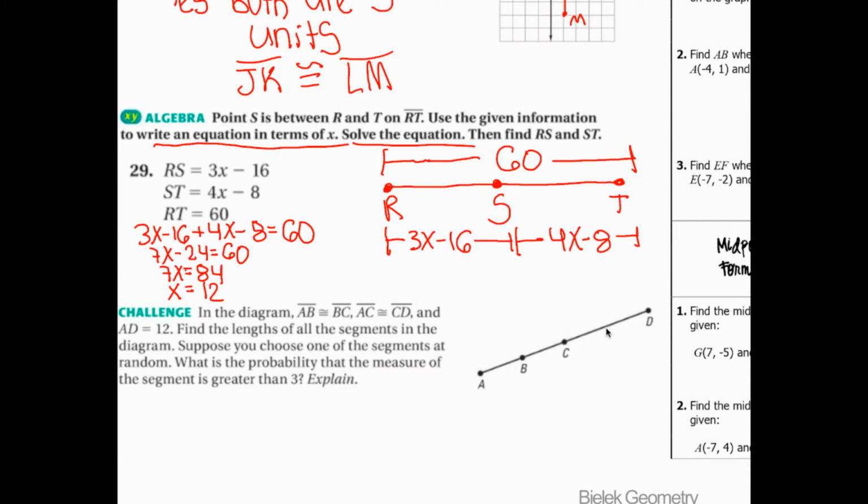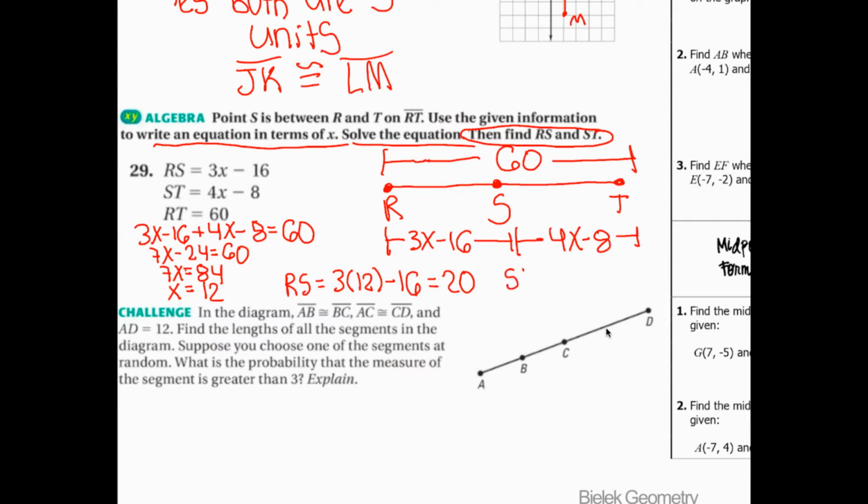Okay, we're not quite done yet. Last thing they ask for is find RS and ST. So what I'm going to need to do is plug in 12 for x into each of those. So let's start with RS. So RS is 3 times 12 minus 16. So that is 36 minus 16, which is 20.